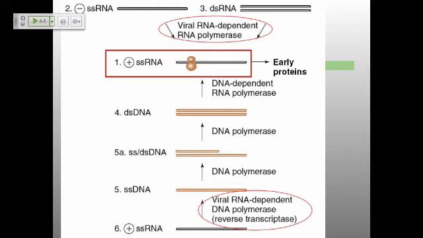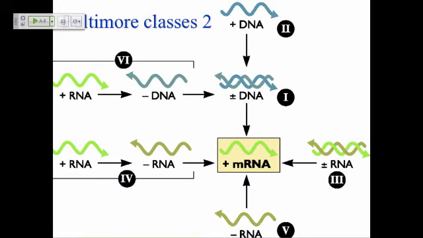So another way of looking at this is the so-called Baltimore classes. It's basically exactly the same thing. It's all about the messenger RNA. I'm not going to expect you to remember the numbers here, but basically there are 6 different kinds of genomes that can be packaged: either double-stranded DNA, single-stranded DNA, the retrovirus process, this positive strand RNA, which can be used directly as messenger RNA, but in order to make more of that genome, you actually have to use some negative strand as well.